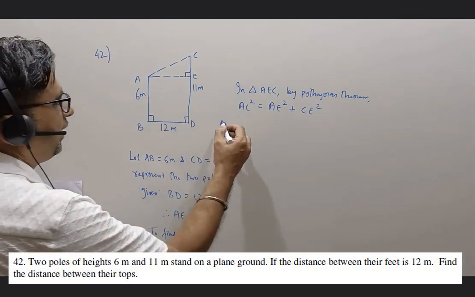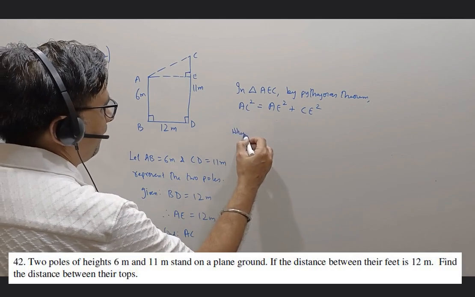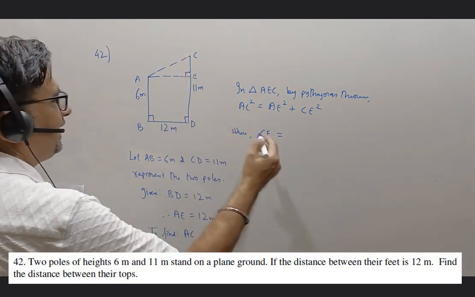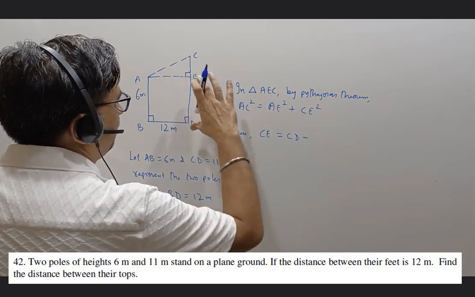Well, CE is not given, but we can find out. CE is CD minus ED.